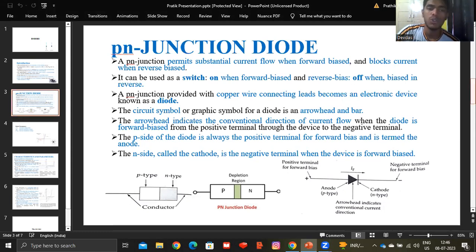That is, there's no flow of current in the circuit when it's reverse biased, and when there's forward bias, it allows the flow of current through the circuit.